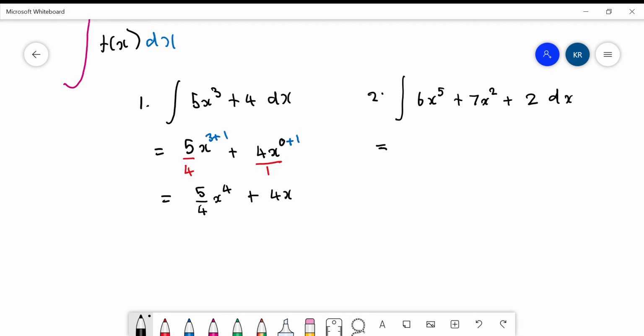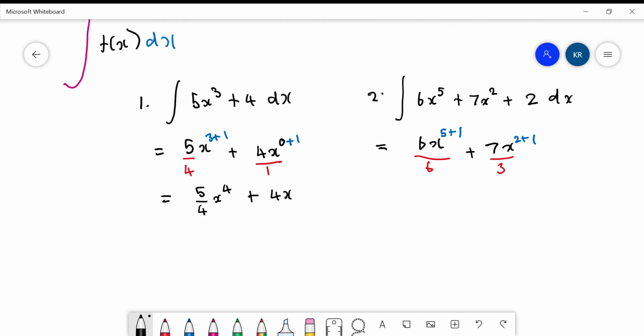So we have 6x to the power of 5 plus 1 divided by the new power, which is 5 plus 1 is 6. We do the same thing, 7x to the power of 2 plus 1 divided by the new power, which is 3.